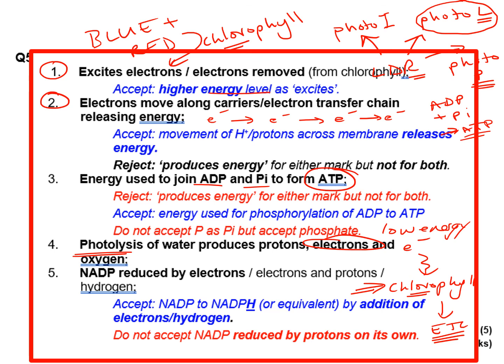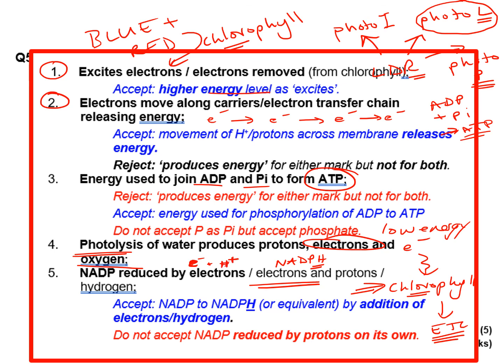Now, actually at the end of the ETC in the thylakoid membrane, the final electron acceptor is actually NADP, and it's the NADP that pulls the electrons through the ETC. So NADP becomes reduced by electrons and some protons, and it's going to form NADPH. Okay, so in the chloroplast, the final electron acceptor is NADP, and that becomes NADPH.